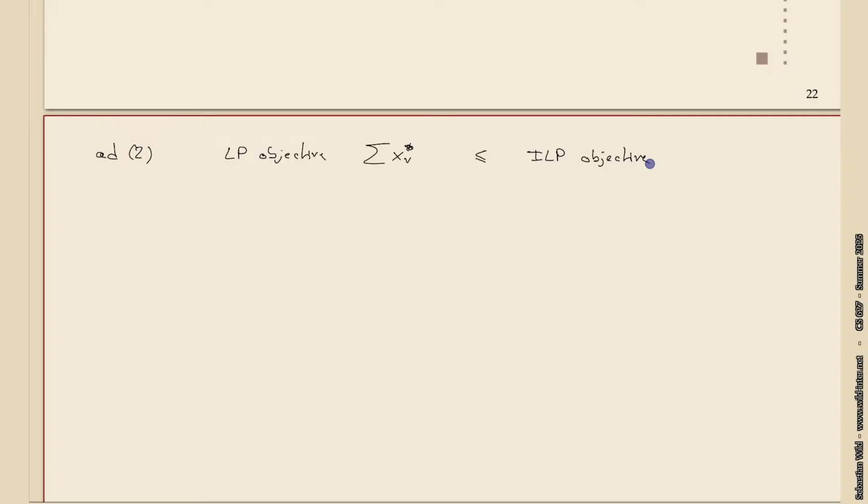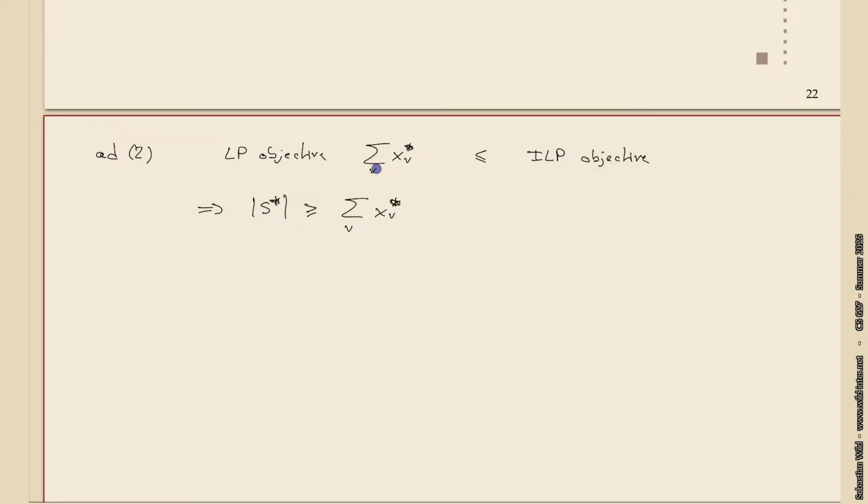Now, the ILP objective value is the size of an optimal vertex cover. That's greater or equal than this thing, the sum of all vertices.